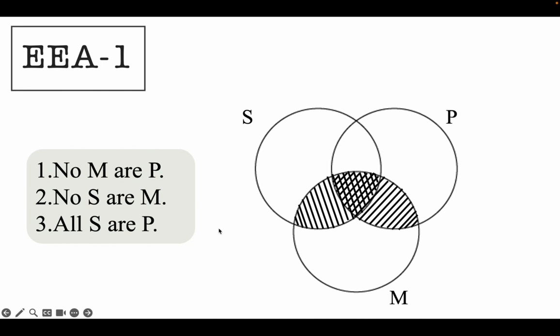All S are P. No, because in order for the conclusion to be diagrammed, all this blank portion here would have to be shaded. But it is not shaded as a result. And you can't just shade it arbitrarily at the end. No, it has to be shaded as a result of my diagramming the premises. So it doesn't work. So EEA1 is invalid, always.